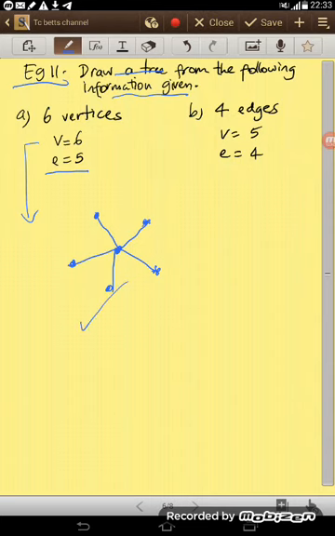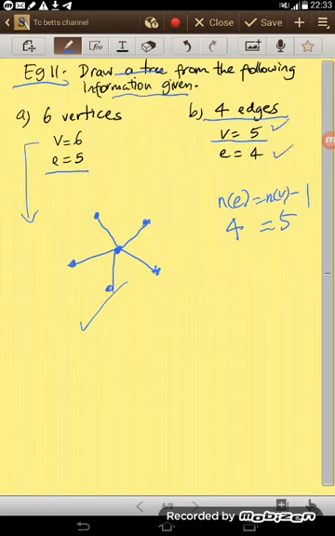And then what about 4 edges? You want to know how many vertices? So you use the formula again. Number of edges is number of vertices minus 1. So if the edges are 4, that means vertices must be 5.